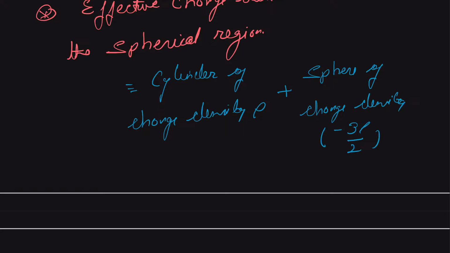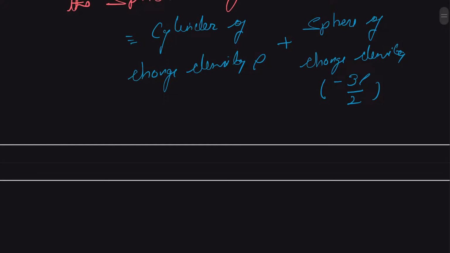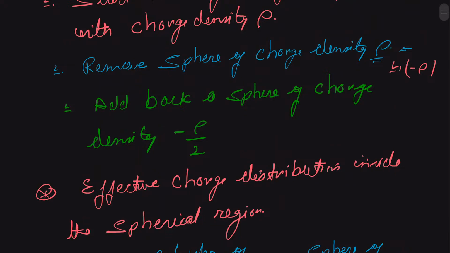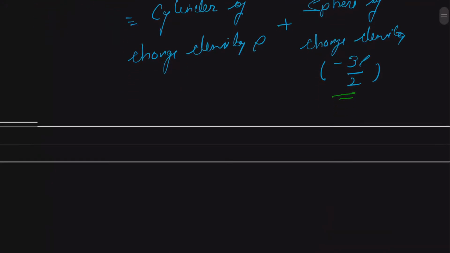In this case, the important thing is how we are going to get this 3 rho by 2. Like I said, we are removing a sphere of charge density rho. So let me draw approximately. Suppose this is a cylinder, and from this cylinder we removed a sphere.